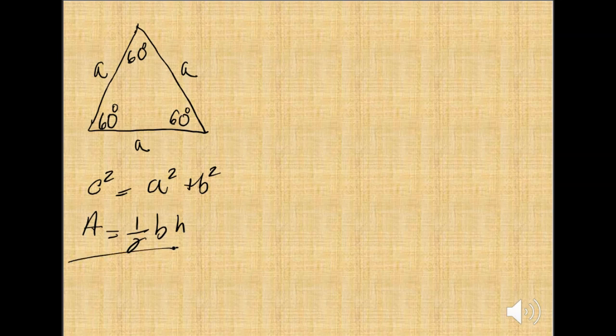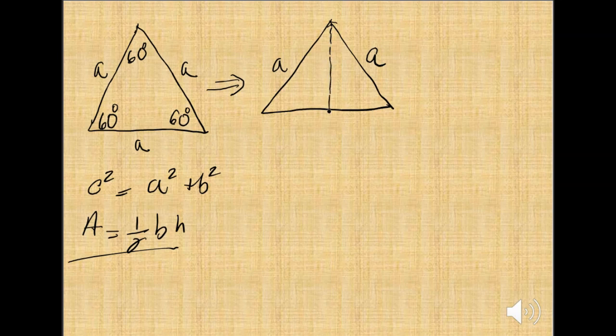So let's draw another triangle over here. Each side is A, and let's drop a perpendicular here. It gives us a right triangle there. This is A over 2 and A over 2. That's that side. And this is the triangle we're working with.